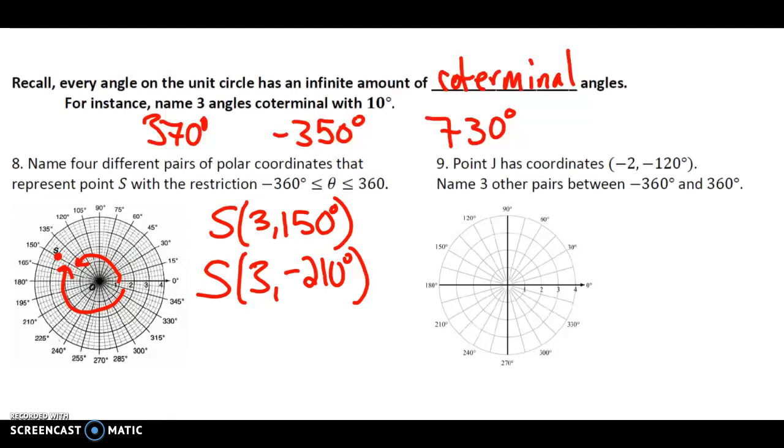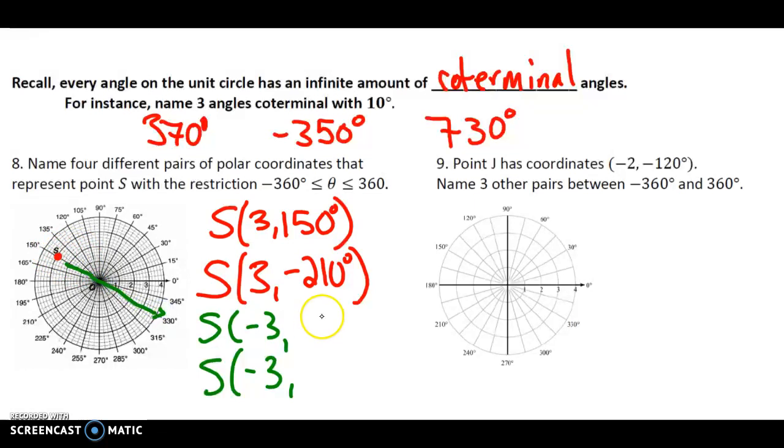The other way you can look at this is to look at the negative angles. So there are 2 cases. We're going to count backwards. Well, which angle is backwards from 150?